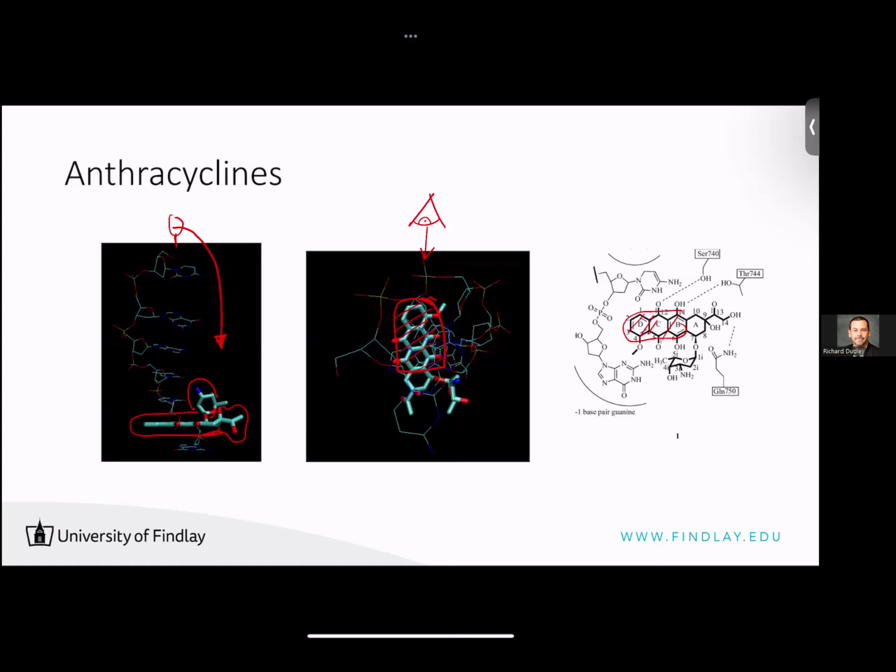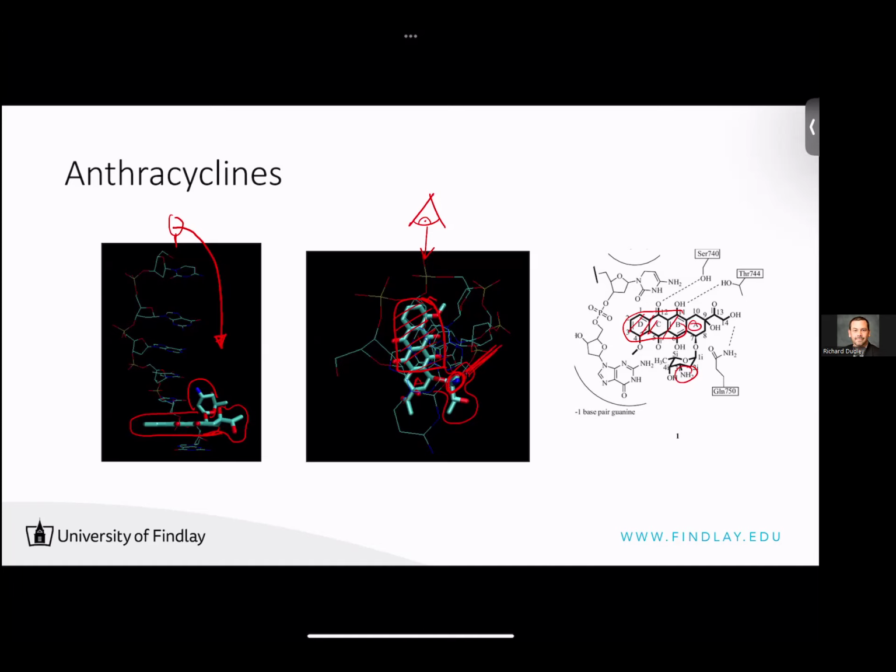the DNA. Then the A ring, which is right here, right? The A ring has the sugar residue. And here's the nitrogen. And that daunosamine sugar is going to interact with the phosphate backbone.